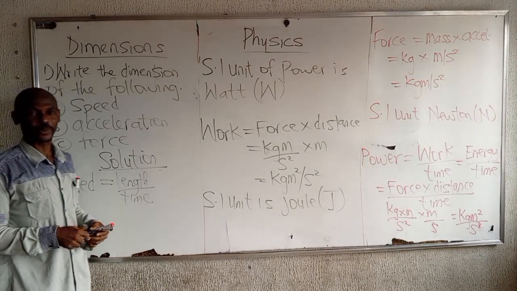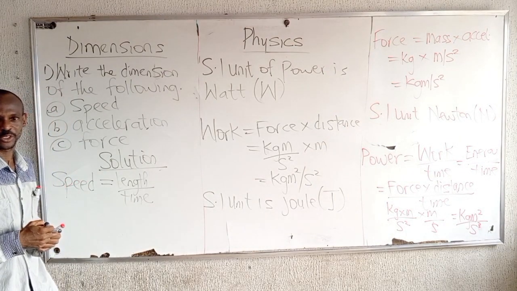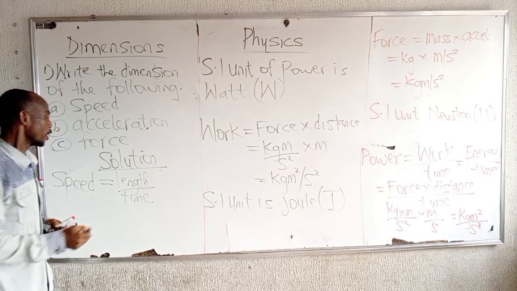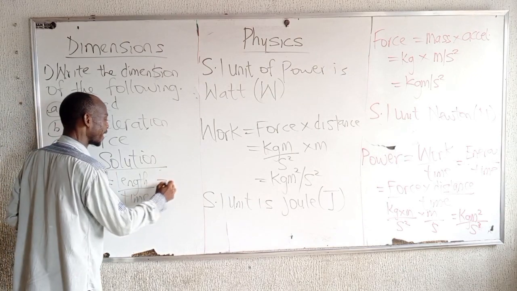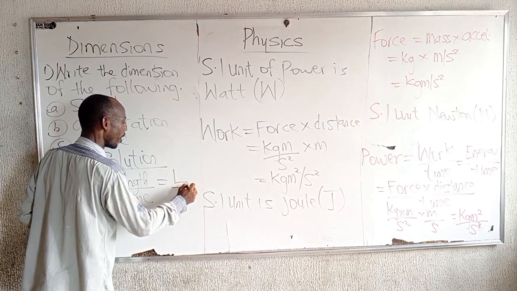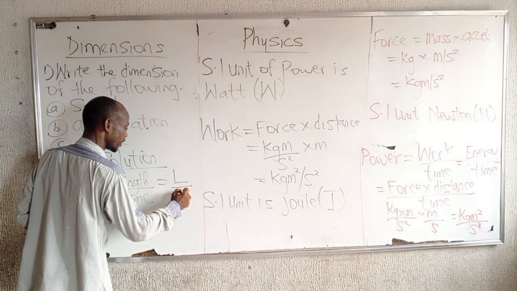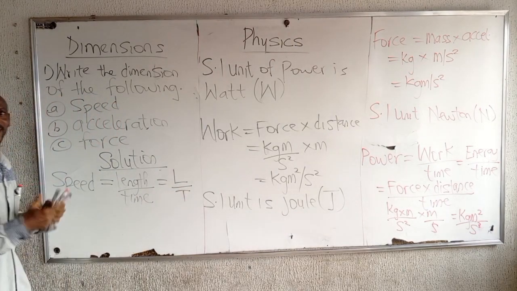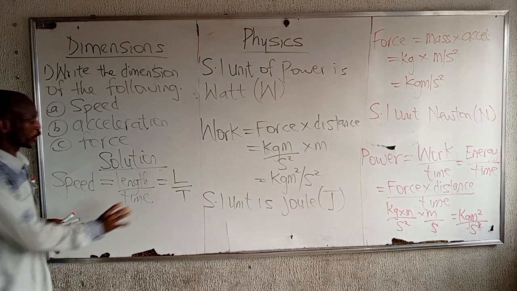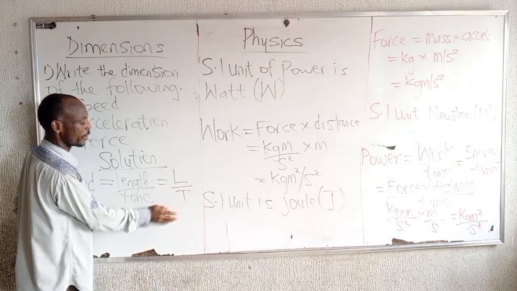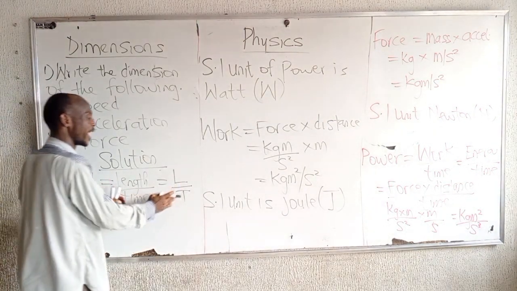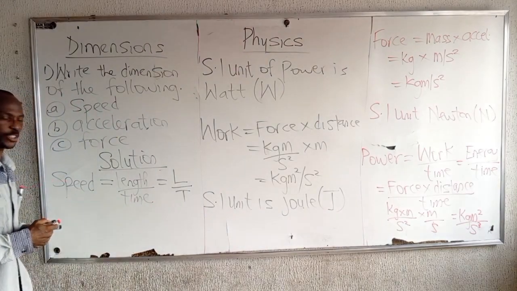So we are going to express this now in the initials. The initial means you are taking the first letter. This is L all over T, all in capital letters. But we don't leave our dimensions in fractions like this.